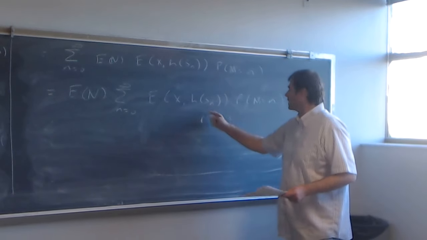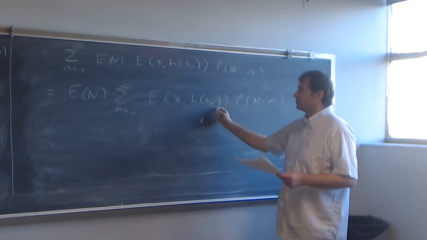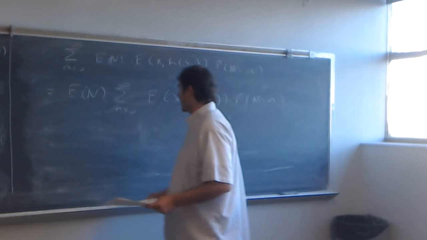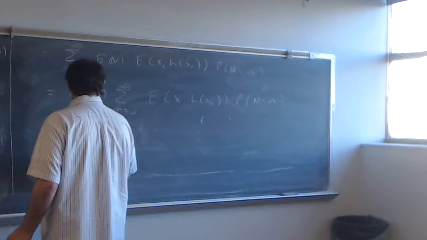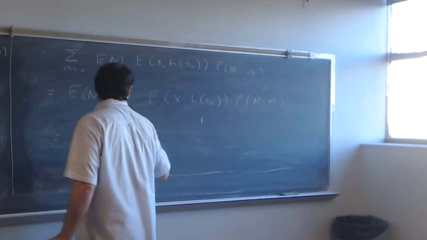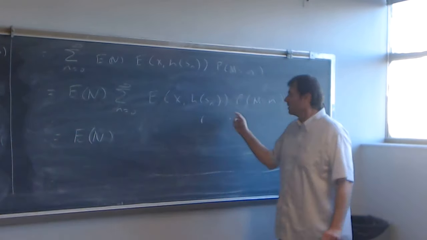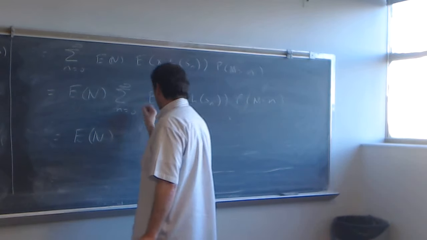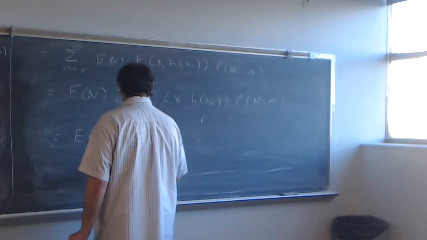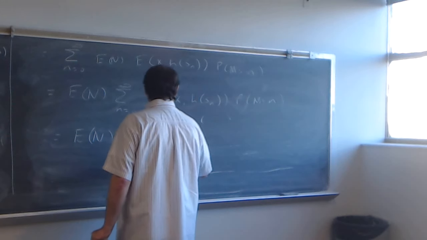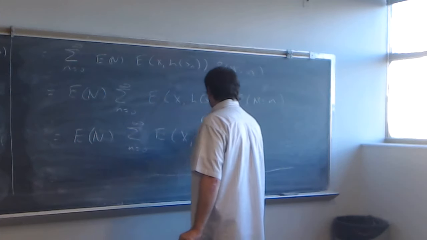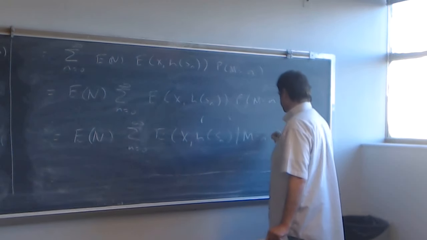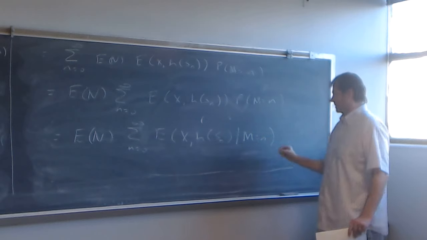Okay, now here we are going to use independence for the M with the sequence X1, X2, and so on. To rewrite this as the sum as n runs from 0 to infinity of the expected value of X1 times h of S of n given M equals n. And that's the same thing due to independence.